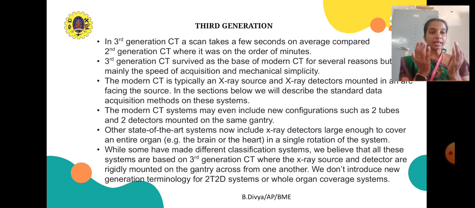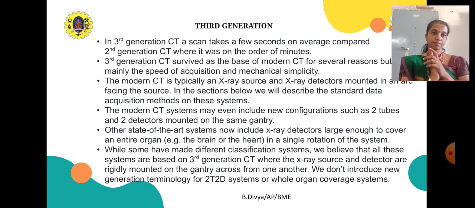We can completely cover whatever organ is to be scanned, either the heart, the brain or the lungs, whatever it may be. In a single rotation of the system, the complete organ can be scanned and it will be sliced, and each slice will be identified.